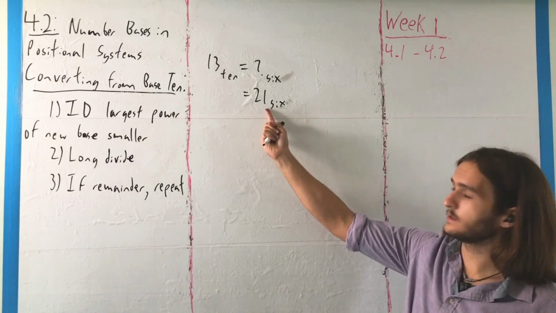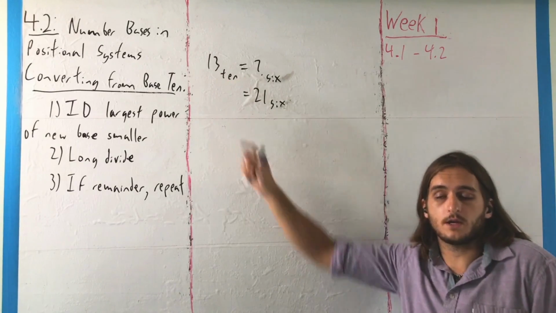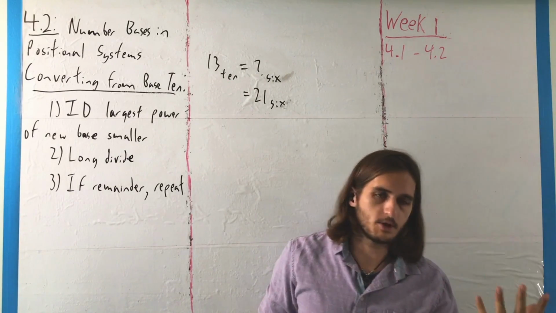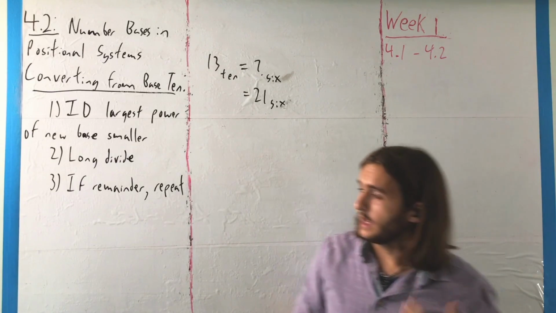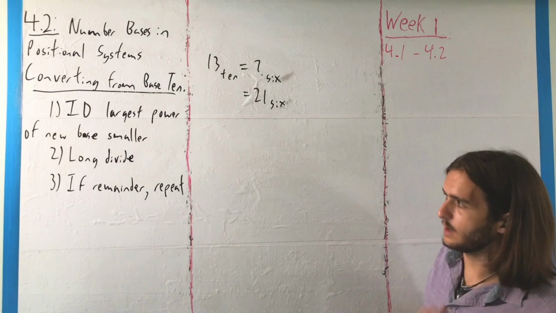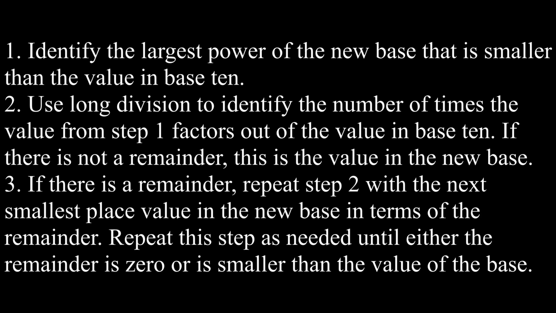So here, that happened to be 6 to the first power. If this was something like 130, then we'd have to go a little bit higher, actually not that much higher because it'd be 36. But anyway, you'd have to keep going until you pass it, at which point you can't do any more, so you go down. Once you get to that highest point, you're going to use long division with that largest power, see how many times that goes into that full number.